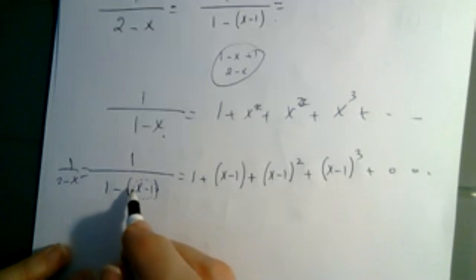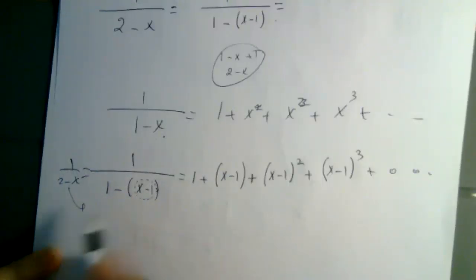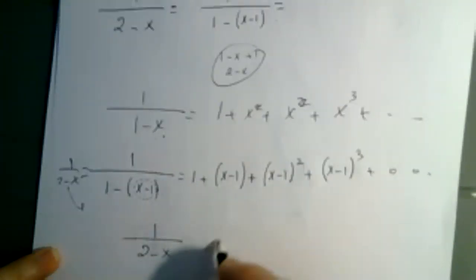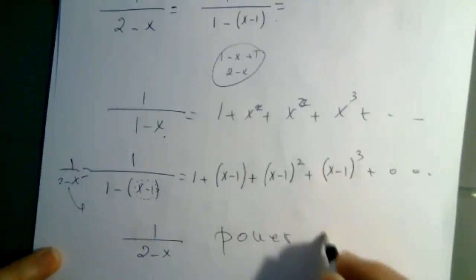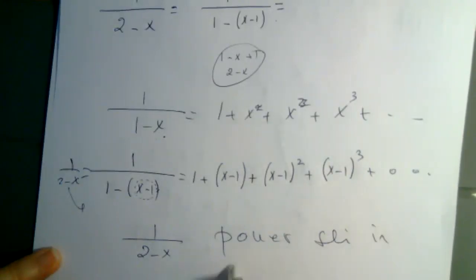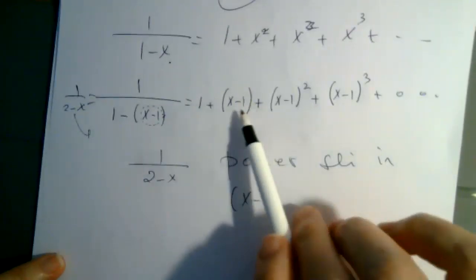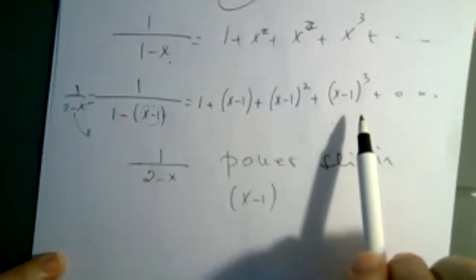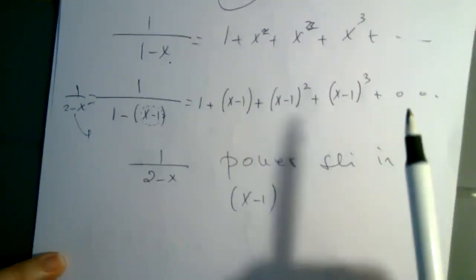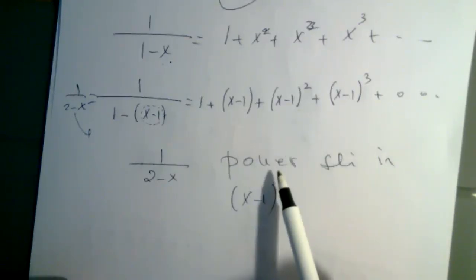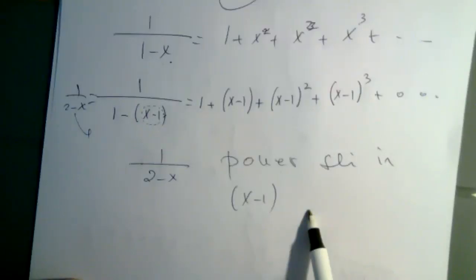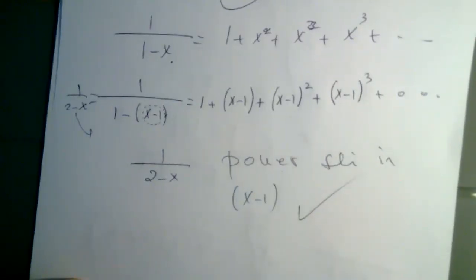So this gives me 1 over 2 minus x as a power series in x minus 1, because you're going to get x minus 1 squared plus x minus 1 cubed. So if my question is, find a power series in x minus 1, Jordan will be 100% correct.